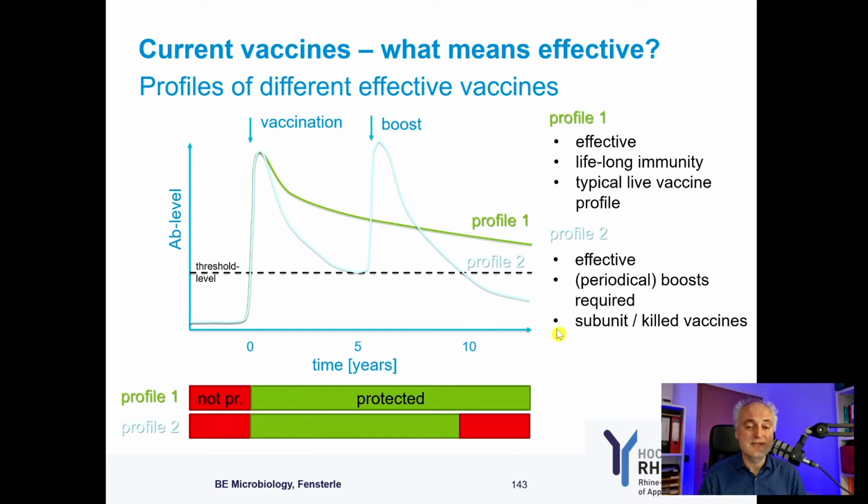Most likely these vaccines will have a profile like this: you vaccinate, the antibody level will decrease, and after some years it will fall to a level below the threshold. So in order to keep your protective effect, you need to vaccinate again.